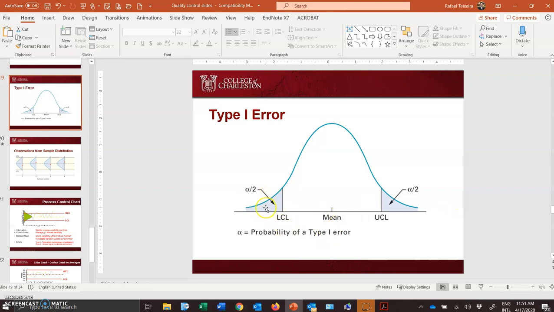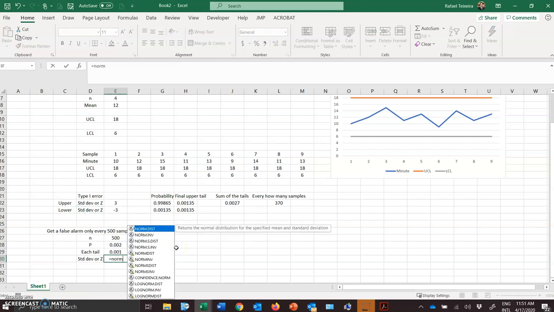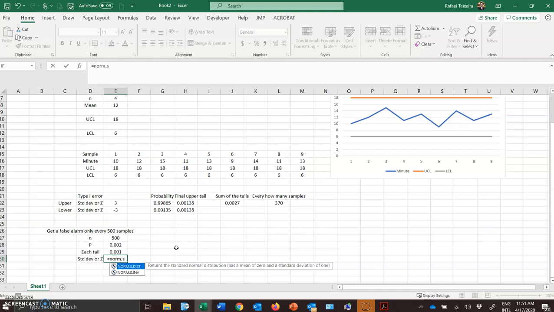What are the z associated with such low probability, and the high probability? To find that, we use NORM.S.INV, open parenthesis, this number, and close parenthesis. So the result is almost negative 3.1, or 3.1 standard deviations.